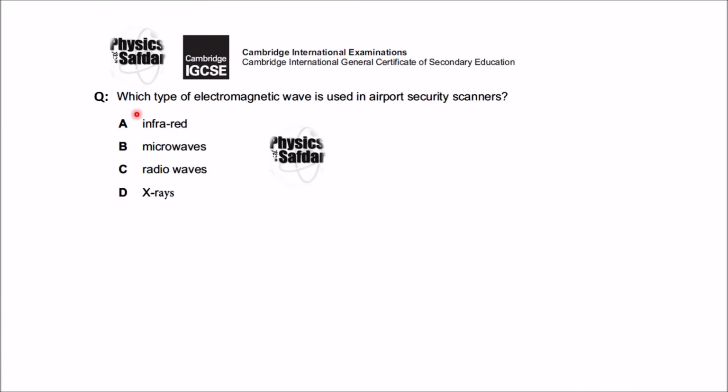Now the question is, which type of electromagnetic wave is used in airport security scanners? And you have 4 options. Once again, this question is related with the application of electromagnetic waves. So let's check the list of application again.